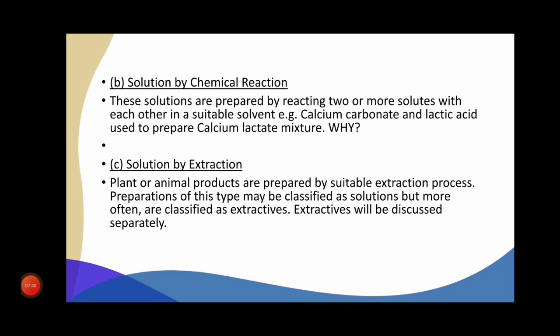Because calcium lactate is used to treat calcium deficiencies. So for solution by extraction, plant or animal products are prepared by suitable extraction process. Preparations of this type may be classified as solutions but more often are classified as extractives. So extractives will be discussed separately.